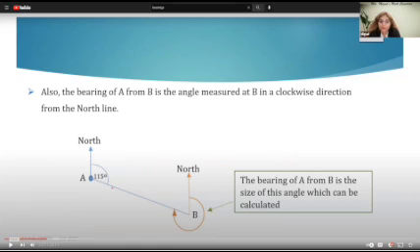Also, the bearing of A from B. So what I want to emphasize now, from is before the letter B. So from B is where I am going to set up my north line. So if I set my north line here, I am going to measure the bearing of A from B. So this is the measure of the angle touching this line. Do you all understand the difference here?